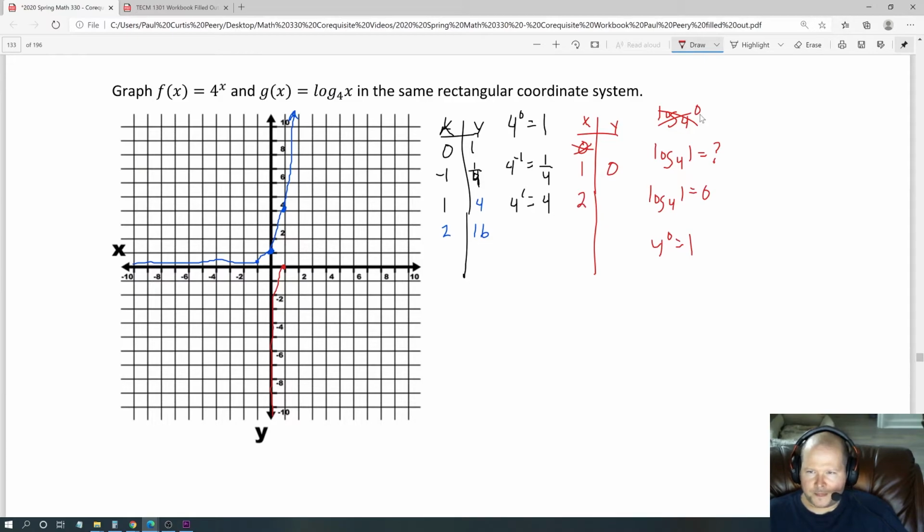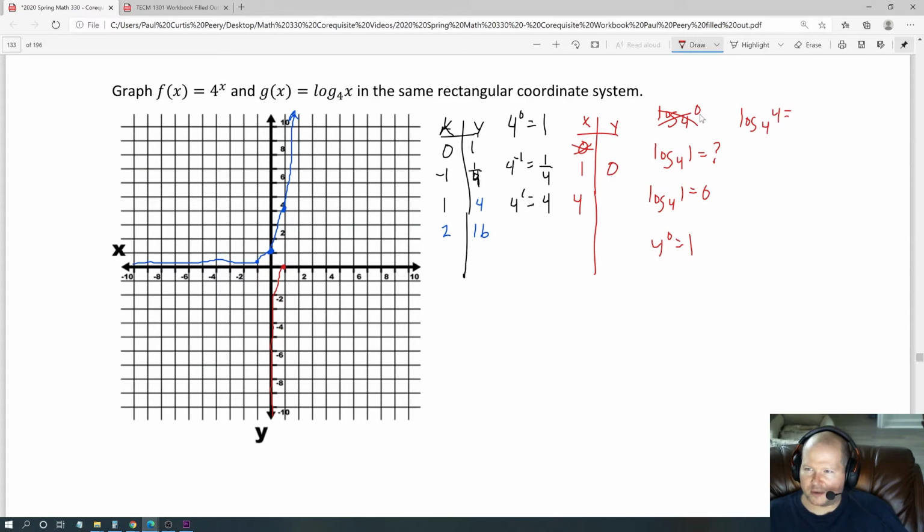Okay, so let's do another number. We'll do a 2. So log base 4 of 2. So 4 to what power is 2? That's going to give you a weird number, not a very nice one. Let's try even numbers instead. So let's try 4.